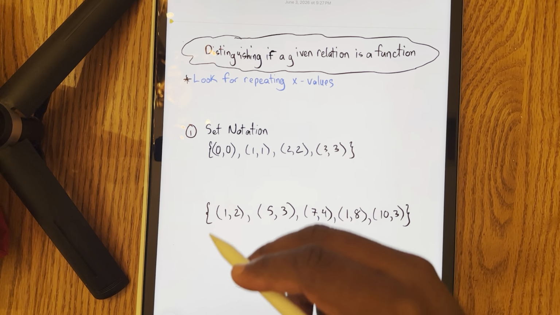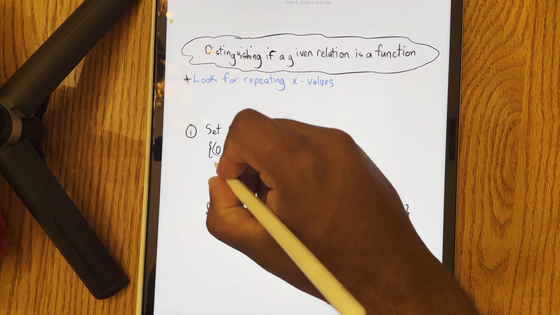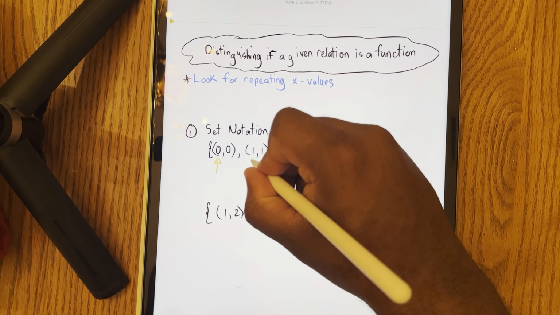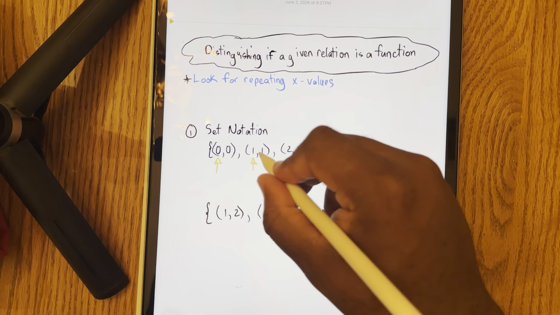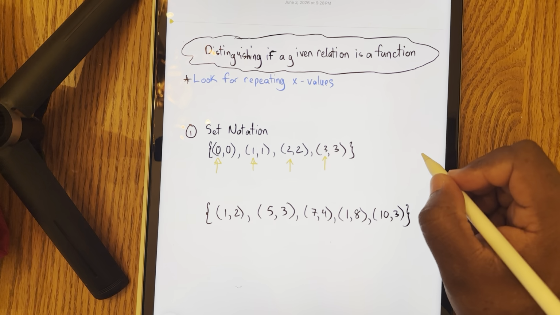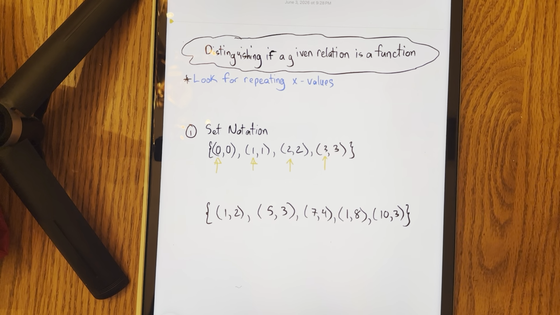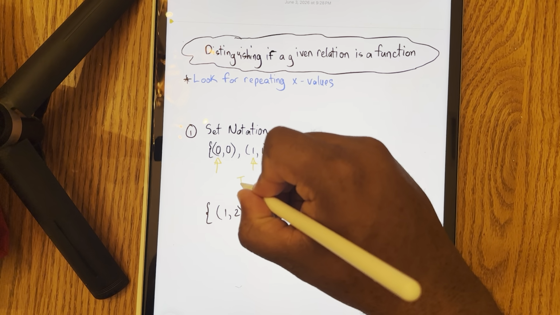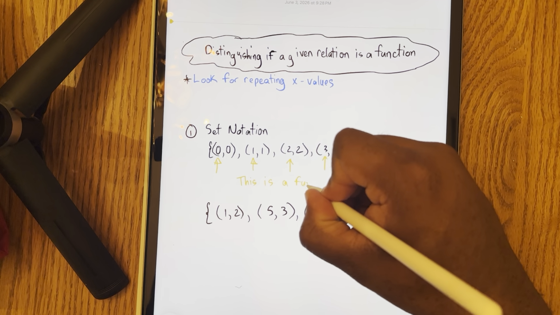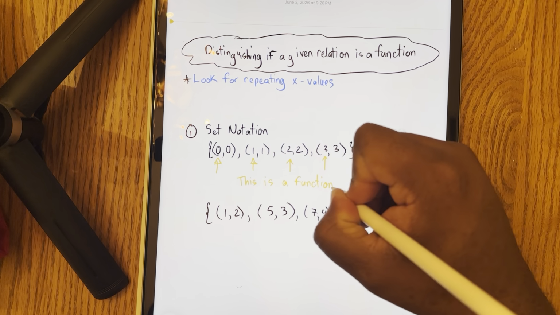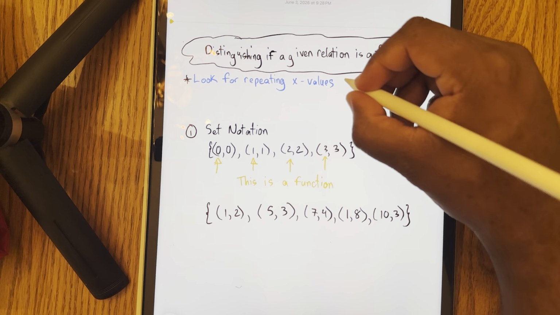Well, what I would do is look to see if any of my x values are repeating. I have a 0, a 1, 2, and a 3. None of my x values are repeating. Therefore, I can determine that this is a function. So if your x values are repeating, it is not a function.